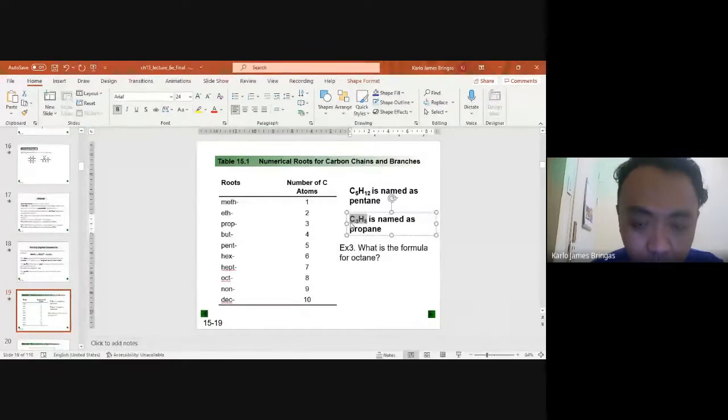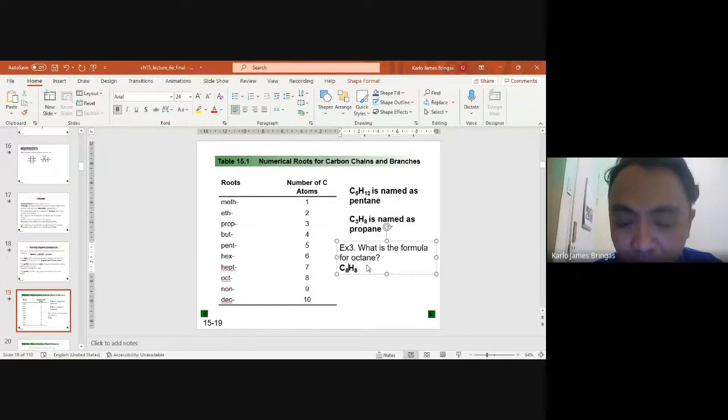So copy ko ito. Oct tells us that there are 8 carbon atoms. And using the formula from earlier, CnH2n plus 2, we can then compute the number of each atoms.